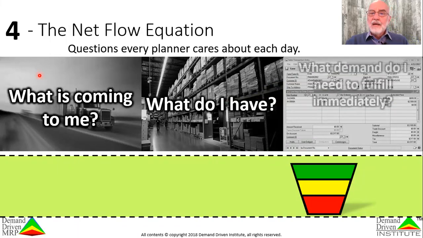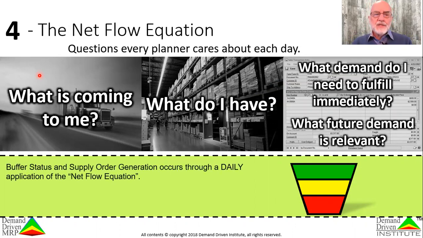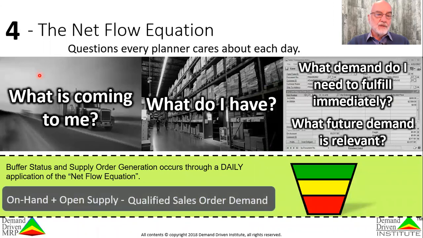So what's the on-hand balance in the warehouse? Also, we need to understand what demand do I need to fulfill immediately. In other words, what do I need to ship out today or what is going to get used today? And do I see any major spikes or major demands in the future that I might need to take into account? So buffer status and supply order generation occurs through a daily application of this net flow equation.